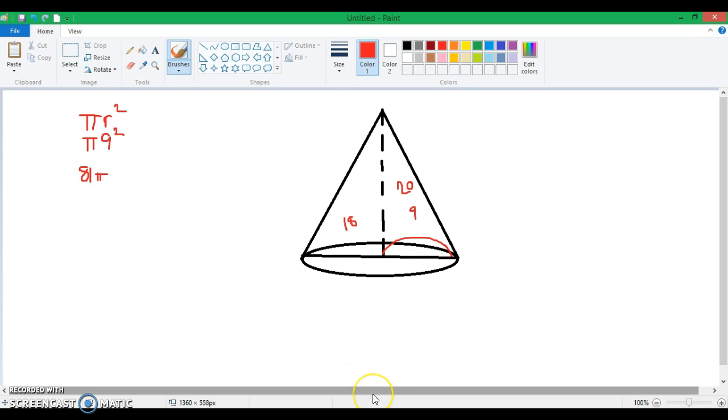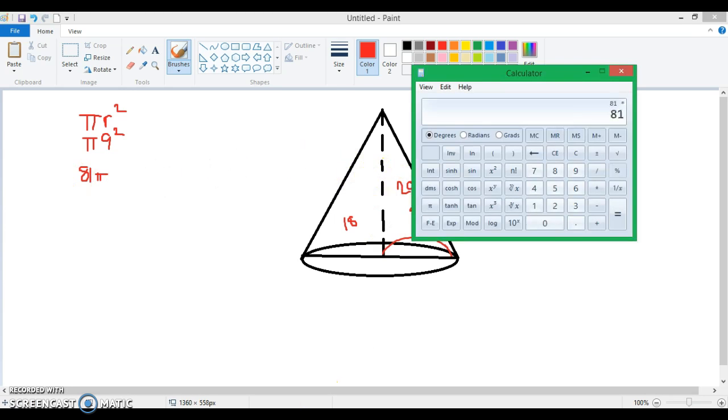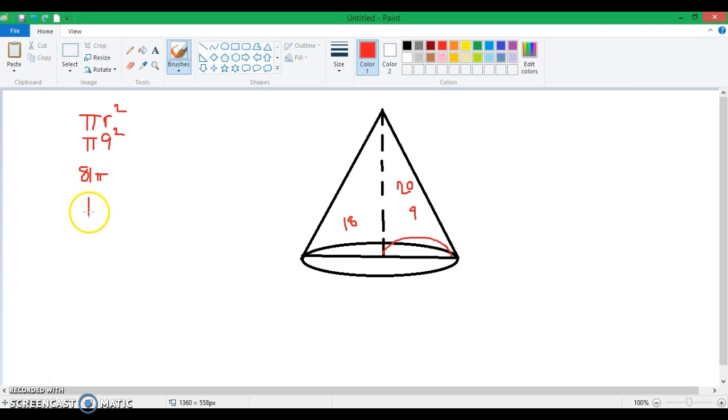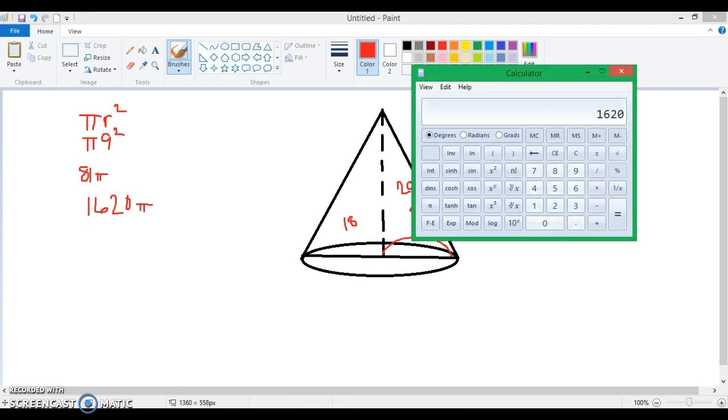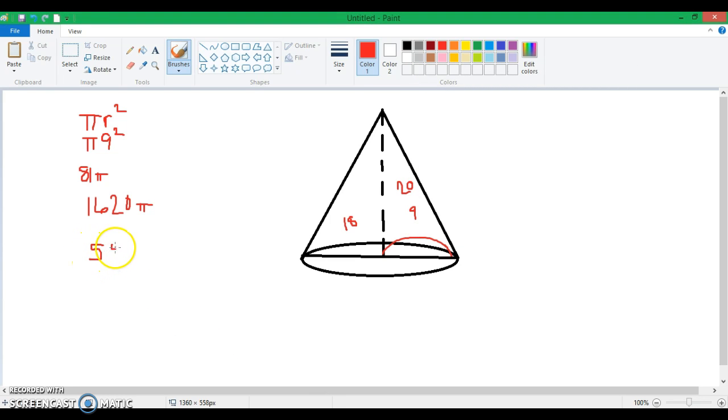And then again, we multiply 81 pi by 20, and we get 1,620 pi. And then, finally, we divide that by 3, which gives us 540 pi. And that is the volume of the cone.